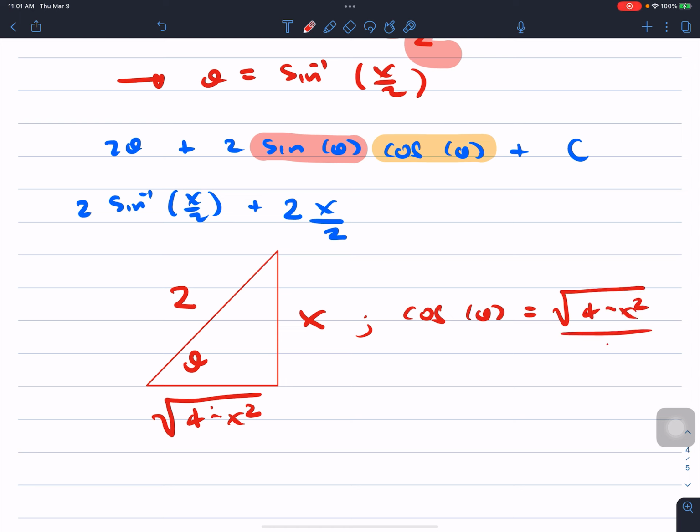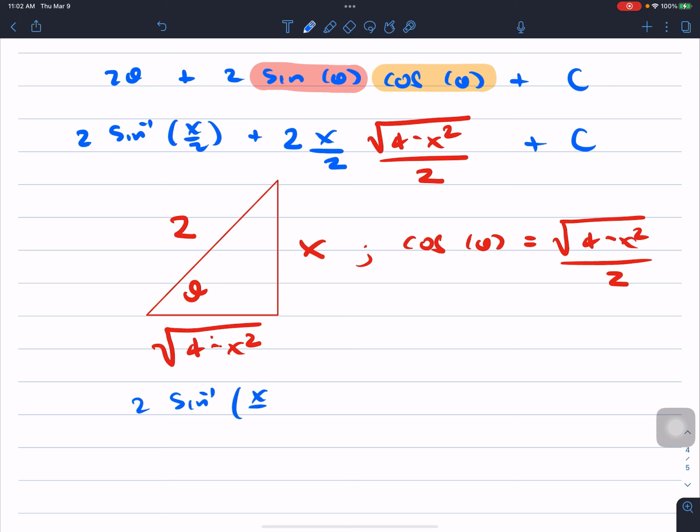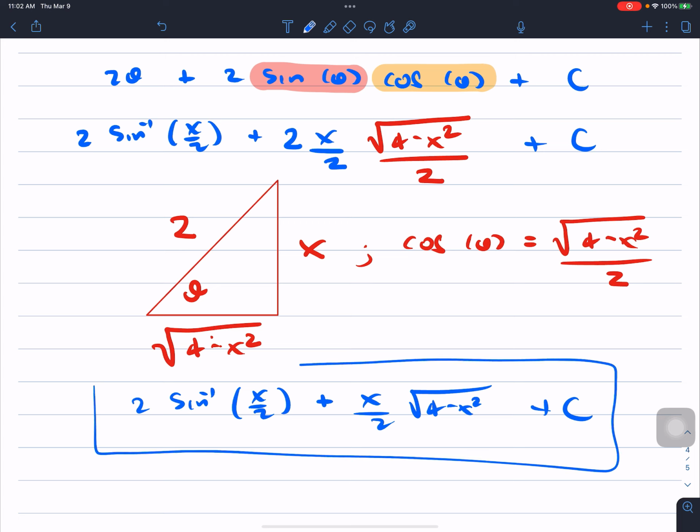Adjacent over what? Hypotenuse. Is that true? So this is going to be square root of 4 minus x squared over 2. And then don't forget you got your plus c. So now 2 inverse sine x over 2 plus x over 2 square root 4 minus x squared plus c. Here's your final answer.